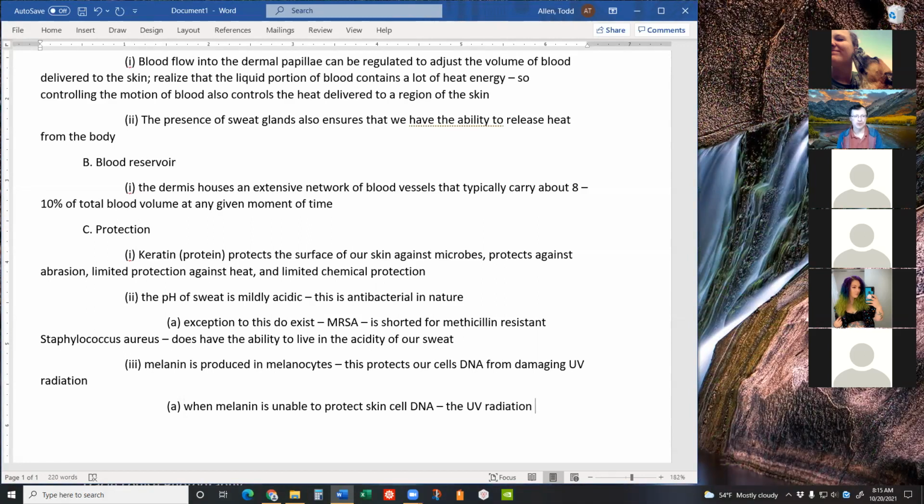And if you're really interested, you can go Google it and do a little bit of reading. One of the most famous changes to DNA that overexposure to sunlight will do is called a dimer, a thymine dimer. Exposure of our skin cells to ultraviolet radiation promotes the formation of thymine dimers in our DNA.